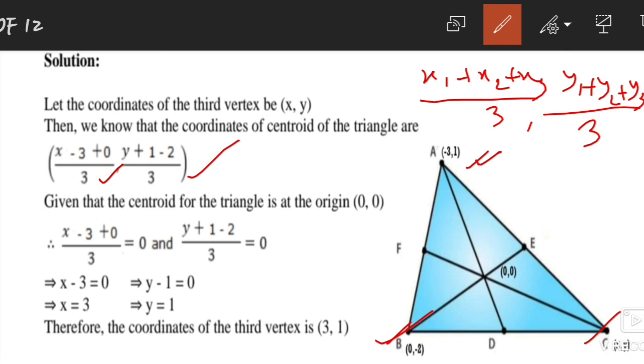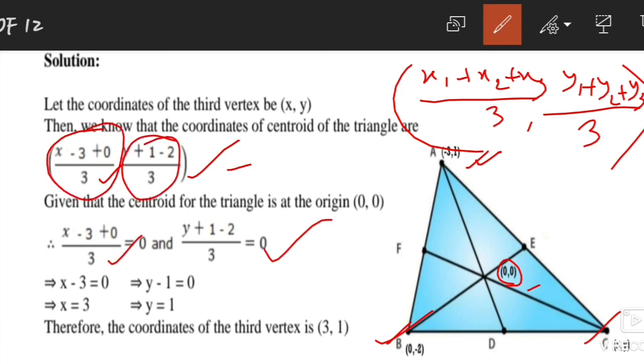But the centroid is given as (0, 0). So if you compare, the x coordinate will be equal to 0 and the y coordinate will also be equal to 0. Here I am getting two equations involving x and y. If you solve the first equation, you will get x as 3, and if you solve the second equation, you will get y as 1. So the coordinate of the third vertex will be (3, 1).